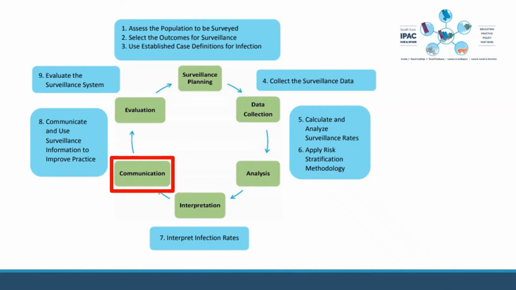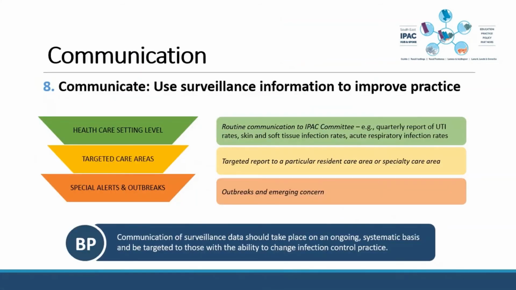If it only collects data but doesn't communicate it to the stakeholders, then it makes it almost impossible to reach that main goal of improving IPAC practices or decreasing rates of healthcare acquired infections. If that data is not being used to affect the change in IPAC practices, then your surveillance system isn't working.